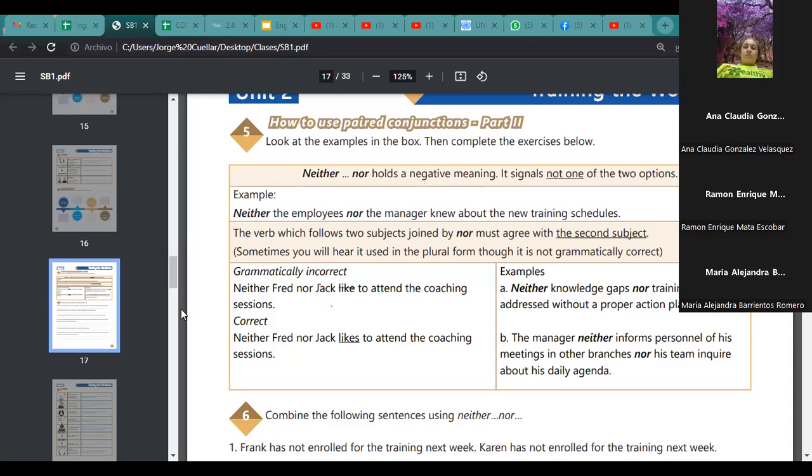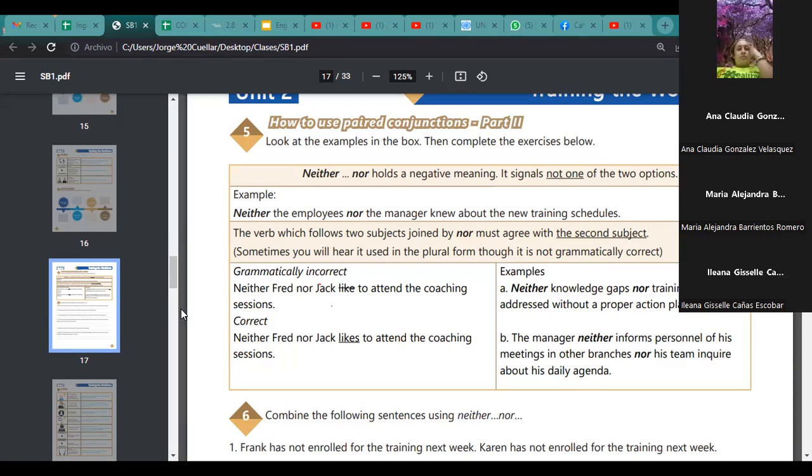Sometimes you will hear it used in the plural form, but it is not grammatically correct. Grammatically incorrect: neither Fred nor Jack like to attend the coaching session. Correct: neither Fred nor Jack likes to attend the coaching sessions.